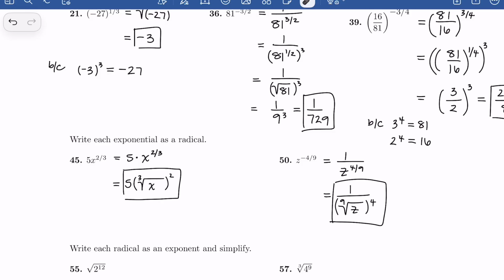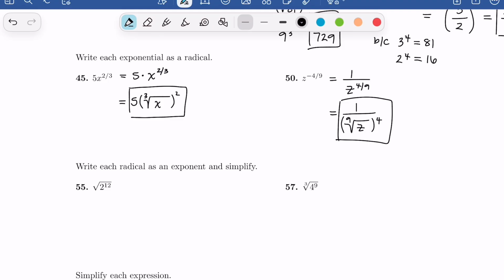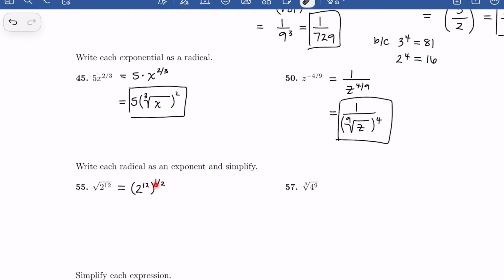Now, on the other hand, for the next several examples, we want to go in the opposite direction. We want to write each radical as an exponent and then simplify it. Let's look at this first one. We're taking the square root of 2 raised to the 12th power. Let's rewrite this as an exponent first. This is 2 raised to the 12th power, raised to the 1/2 power, since taking the square root is the same thing as raising something to the 1/2 power.